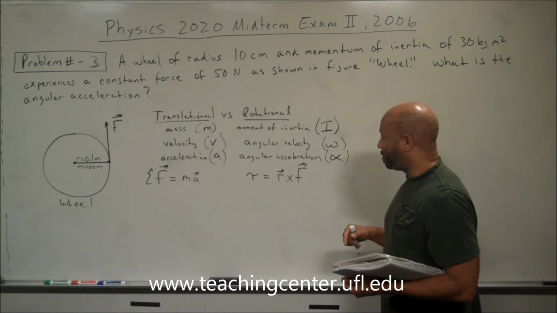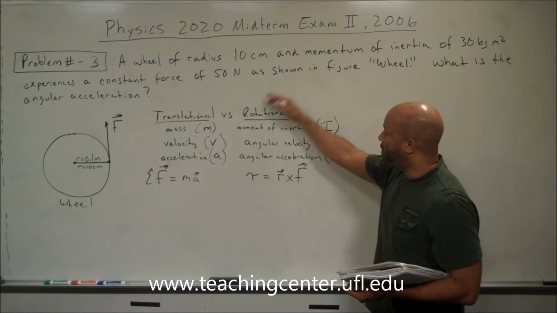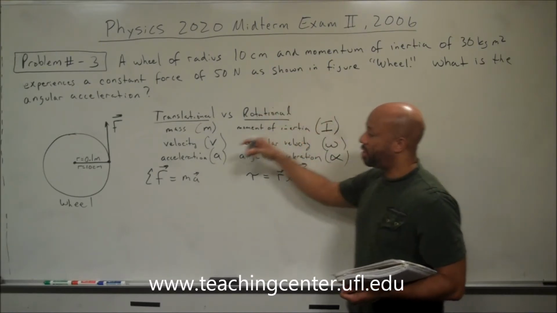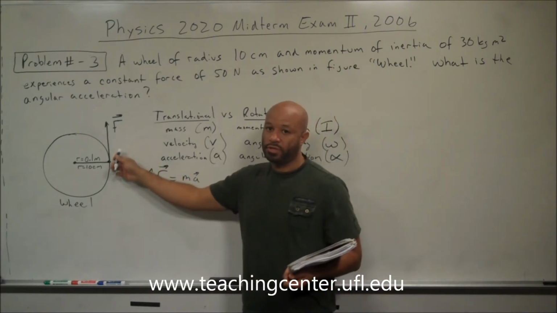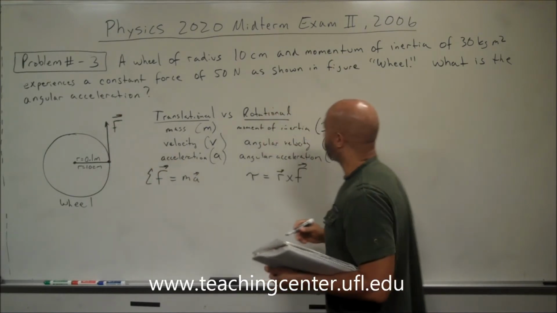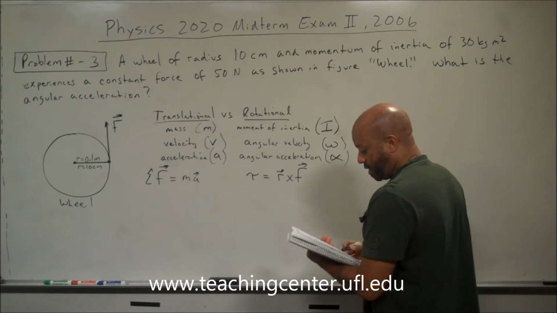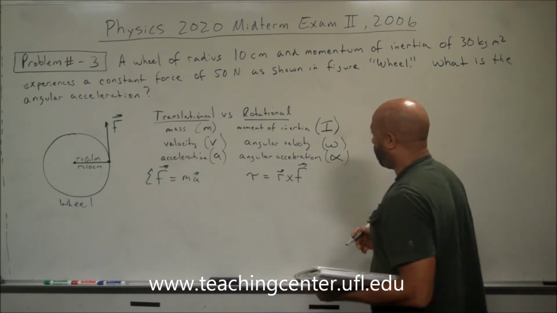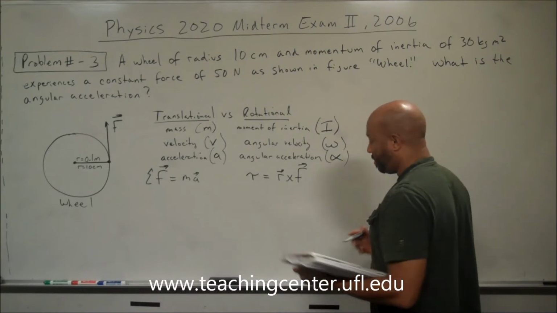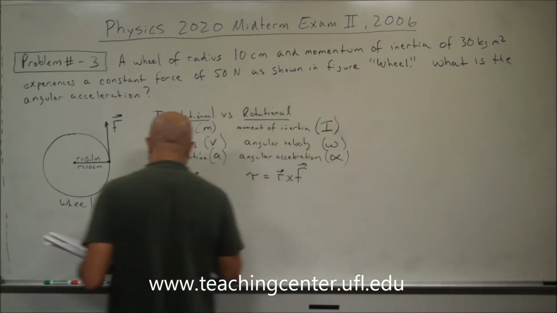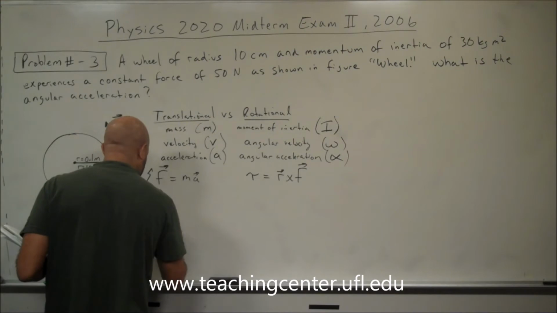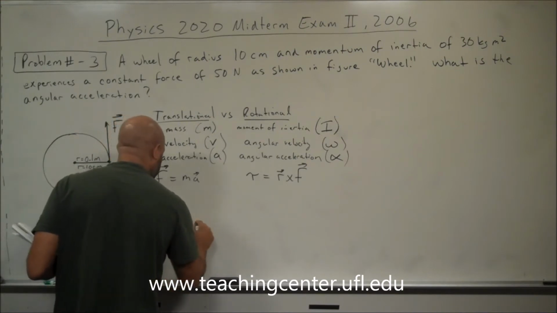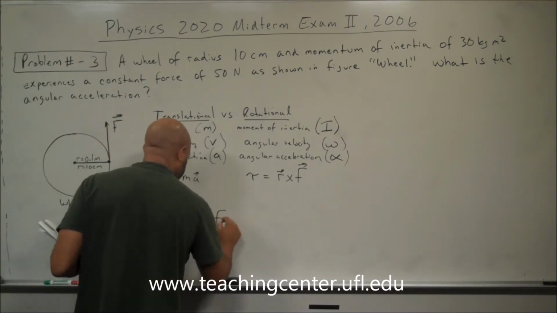Alright? And so in this problem we're going to be dealing with rotational motion because we're talking about a wheel and we're applying a force that's going to cause that wheel to rotate. And so one thing that you need to know is that torque is equal to R cross F, which is what we have here.